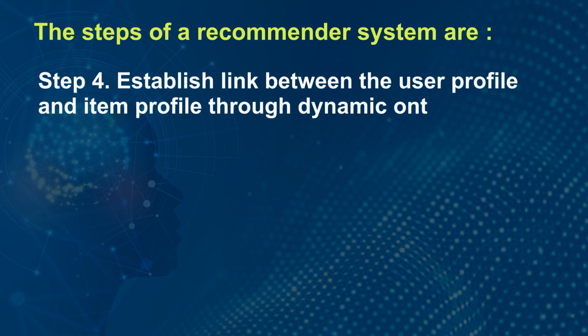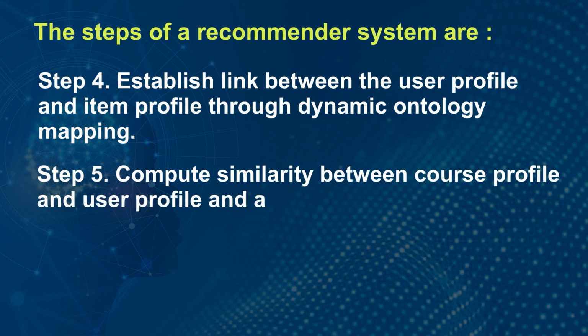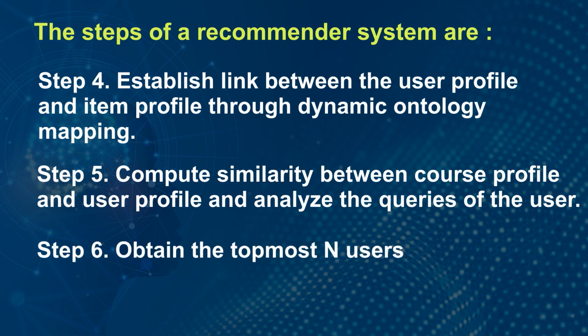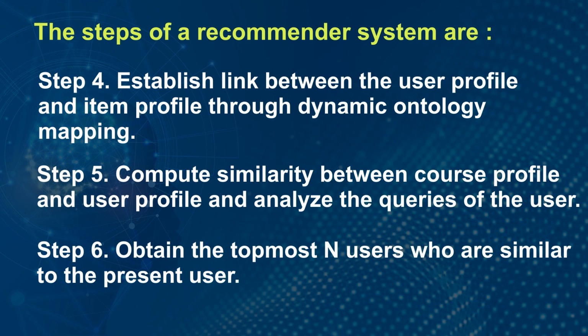Step 4, establish link between the user profile and item profile through dynamic ontology mapping. Step 5, compute similarity between course profile and user profile and analyze the queries of the user. And step 6, obtain the topmost n users who are similar to the present user. The list of courses to be recommended to the student is the outcome of this last step.